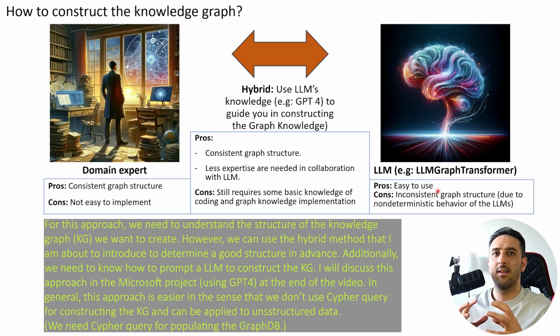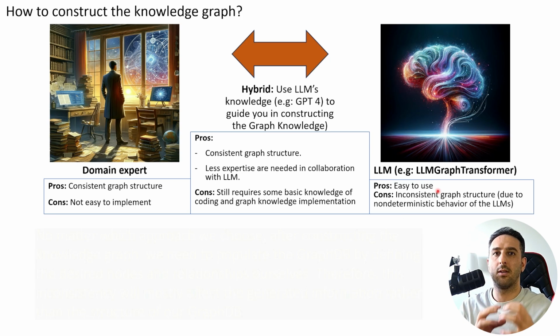That is what I mean by inconsistency. If you start passing a text to a large language model and ask it to construct the knowledge graph for me, there is a great chance that if you pass that text multiple times, the knowledge graph generated in the output differs from the previous ones. So that is what I mean by inconsistency.